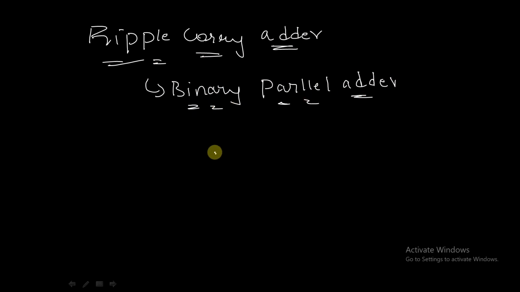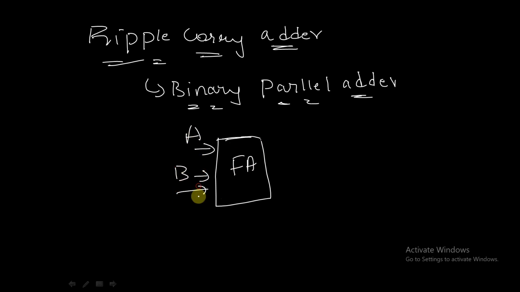Let us take a full adder. In the case of a full adder, it is only going to add single bits. A is a single bit, B is a single bit, and C is a single bit, and we will get sum and carry.